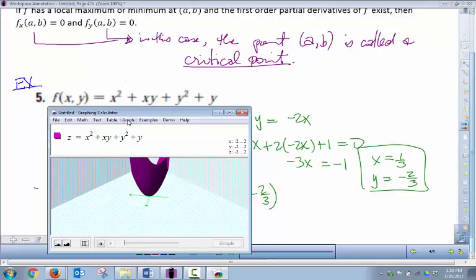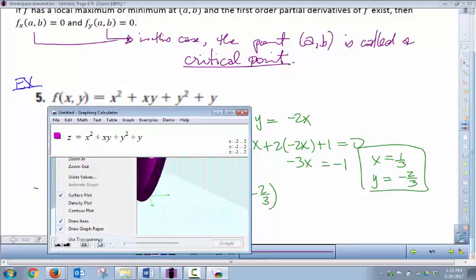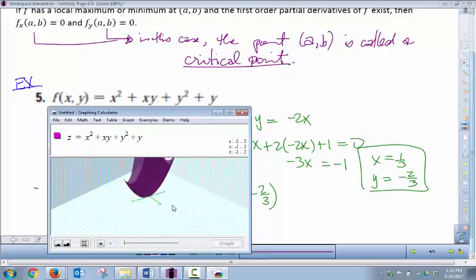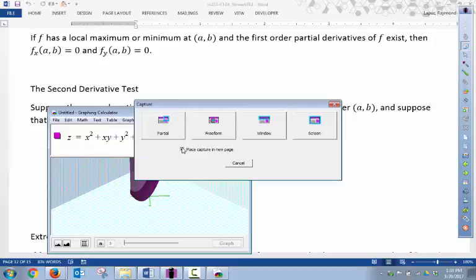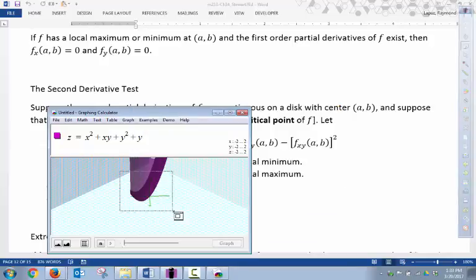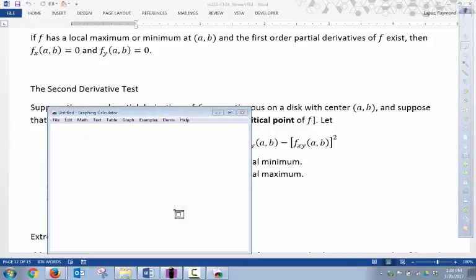And if you plug in 1/3 and negative 2/3 into the function, you can get the z value. I don't feel like doing that. So there's no local max because it looks like it's just a concave up paraboloid.